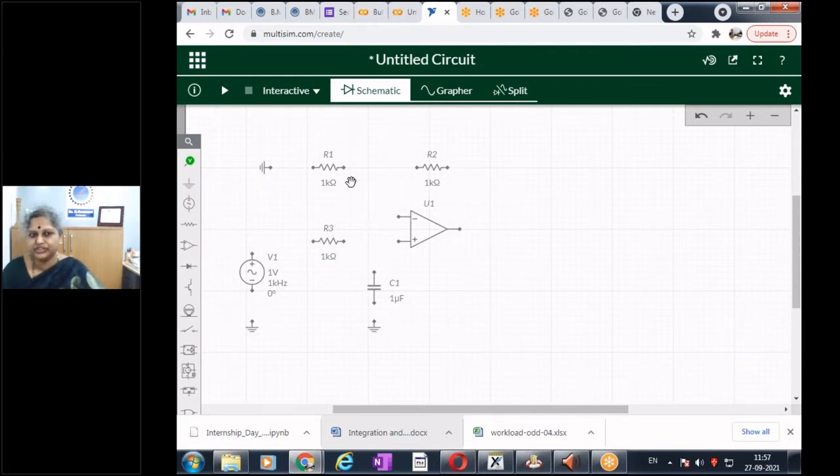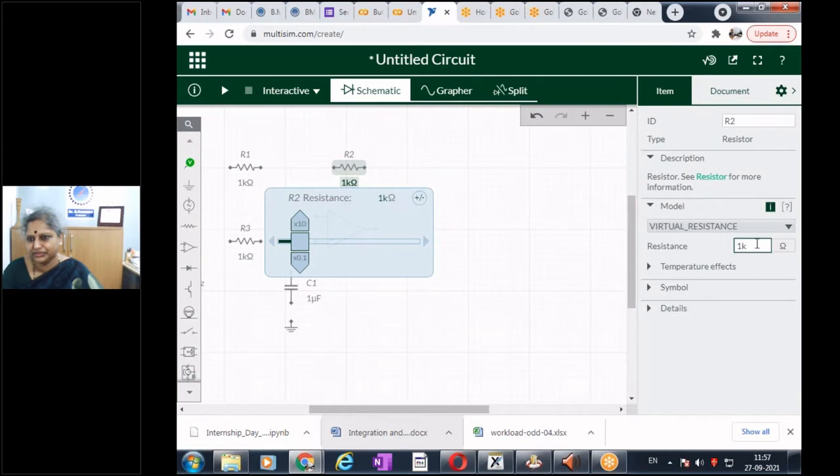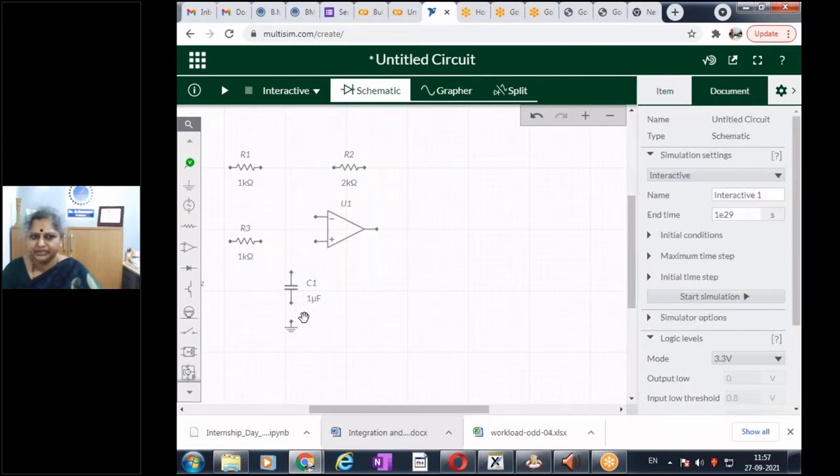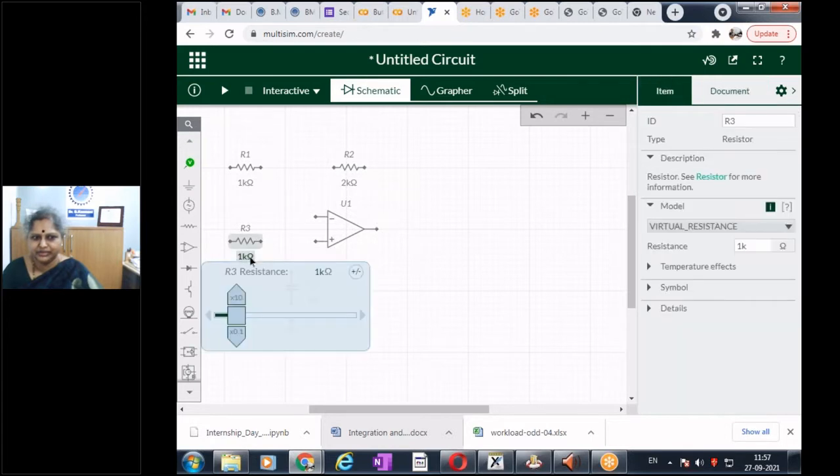Let's check our values. This resistor was 1K. This resistor was 2 kilo ohms. So let's make this resistor as 2K. And the capacitor is this resistor, let me make it as 160 ohms.